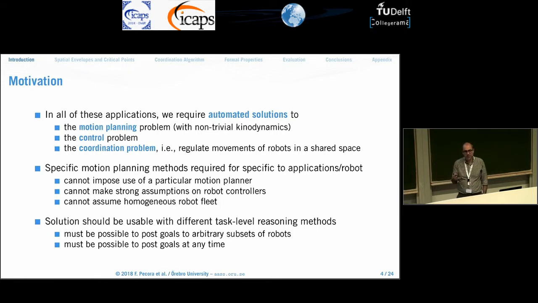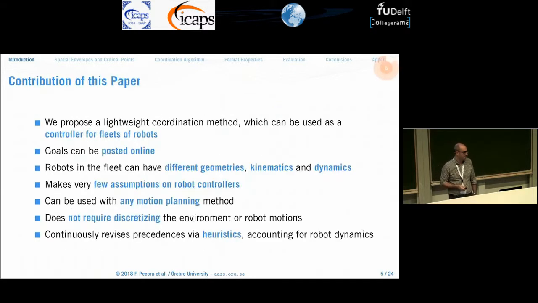They often come as black boxes that are built into the platform. And we cannot assume a homogeneous fleet of robots either. In addition, we have to remain open to the task level reasoning that we do on top of this fleet. So we need to be able to post goals online, as I showed you in that simple example, and to do this for an arbitrary subset of robots at any point in time.